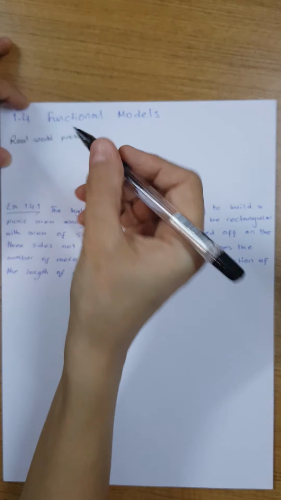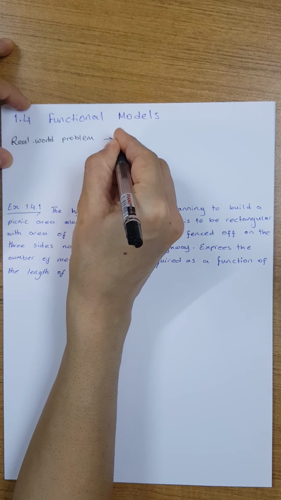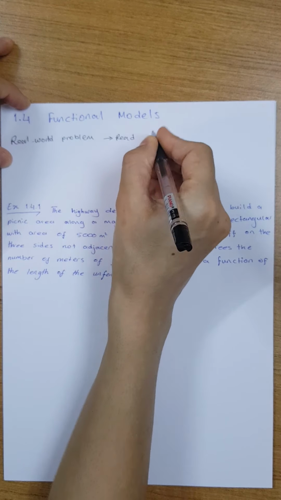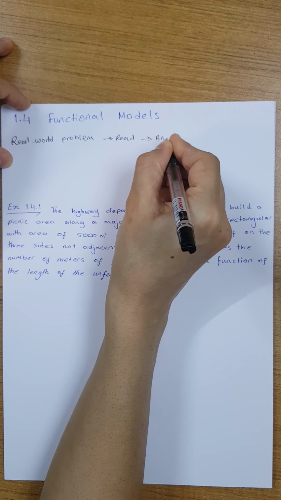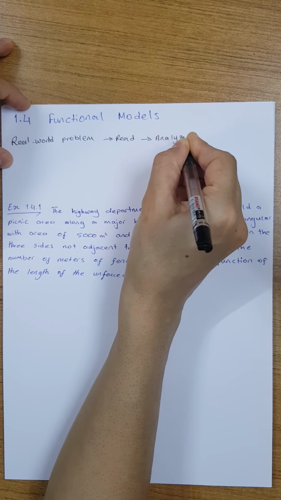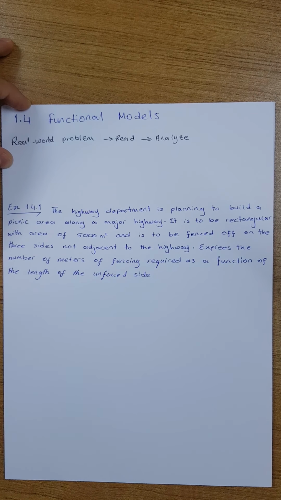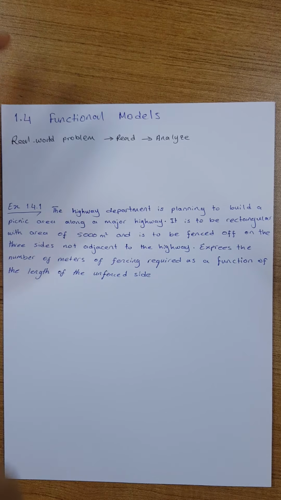So we have got a word problem, we have to read it first, and then we are analyzing it. After analyzing it, of course, we are saying, for example, what do we call x, what do we call y, what shall t represent, and of course it depends on the word problem that is given to us, how do we analyze it.